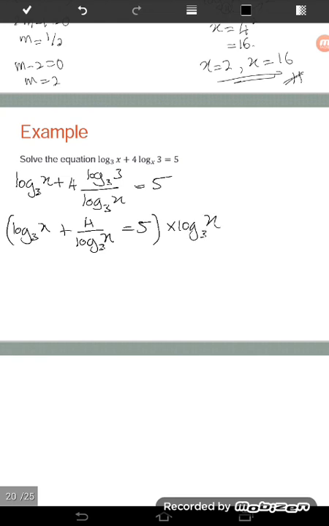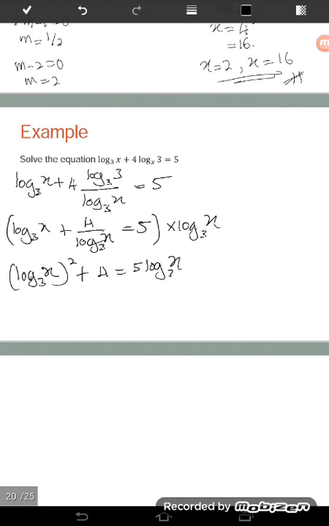So log x base 3 times with log x base 3, so you will have log x base 3 power of 2, and this one, since this one is on the denominator, times with this one. Okay, so this one will cancel with this one, so plus by 4, and then 5 times with log x base 3, so it is equal to 5 log x base 3.